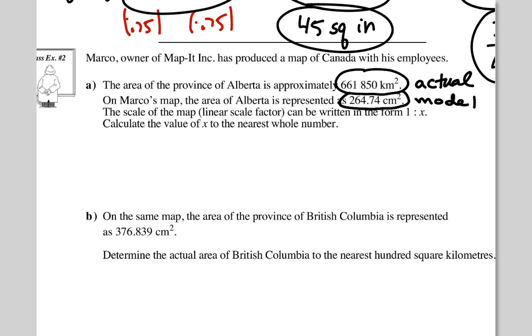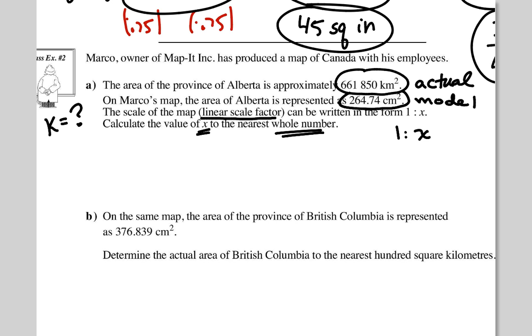The question wants the scale of the map, and then in brackets, linear scale factor. So you're trying to solve for k. It's going to be written in the form 1:x, and they just want x, to the nearest whole number.